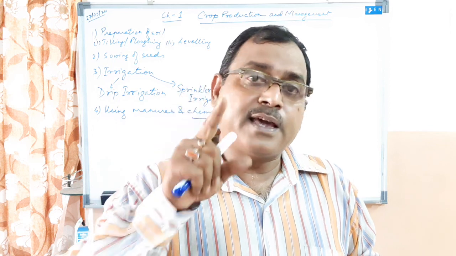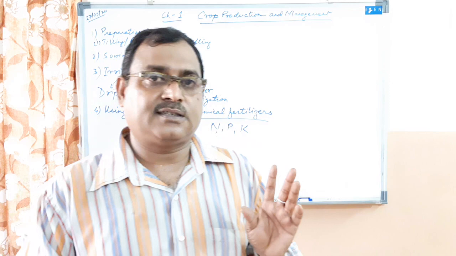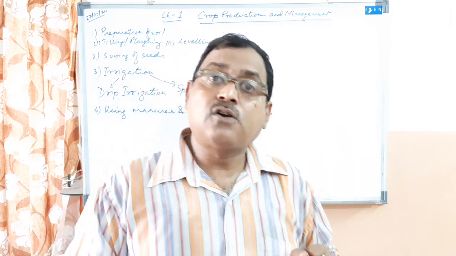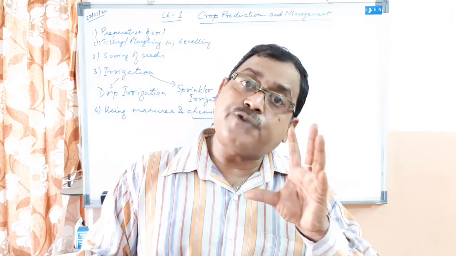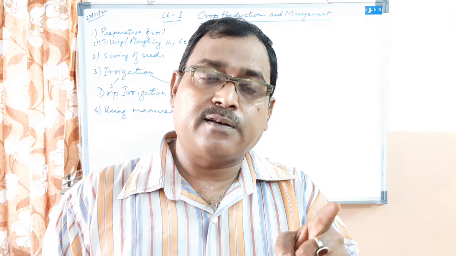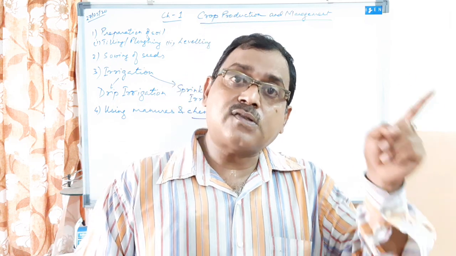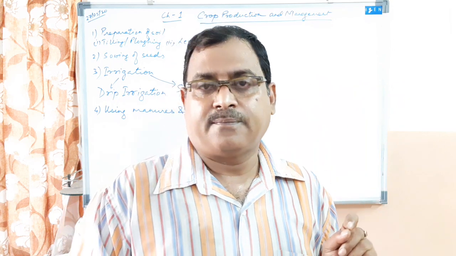So from here you come to know that first of all, fertilizers are made in factories, whereas manure can be made domestically. Secondly, fertilizers are nutrient specific. Nutrient specific means it will supply that nutrient which is less in quantity in the soil.